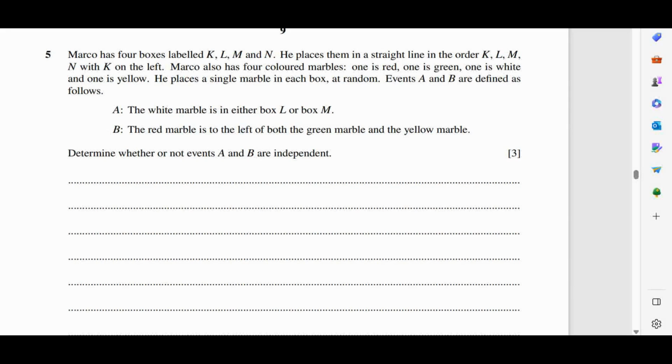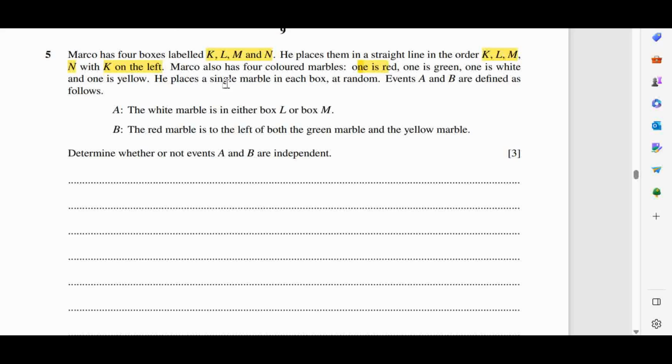Question number 5. Marco has 4 boxes labeled K, L, M and N. He places them in a straight line in order K, L, M, N, with K on the left side. This is an important point. Marco also has 4 colored marbles: one is red, one is green, one is white and one is yellow.